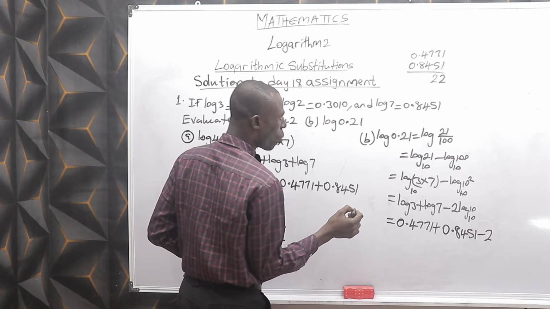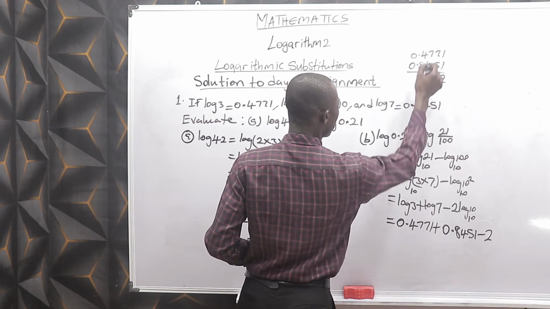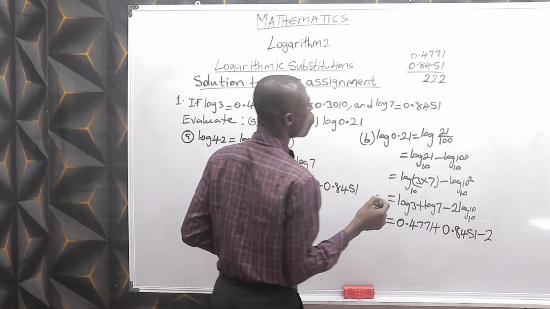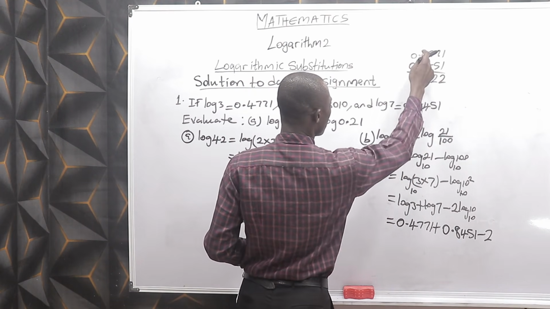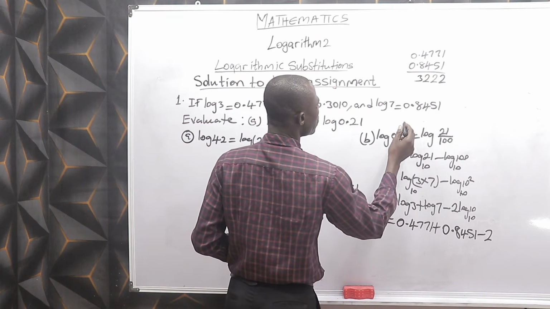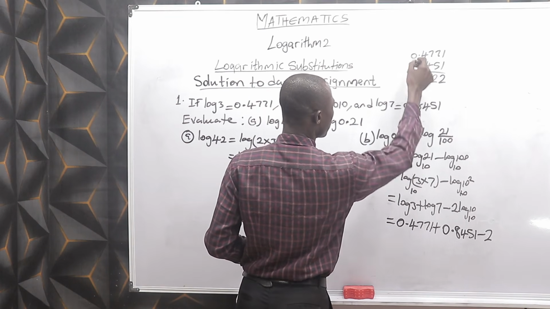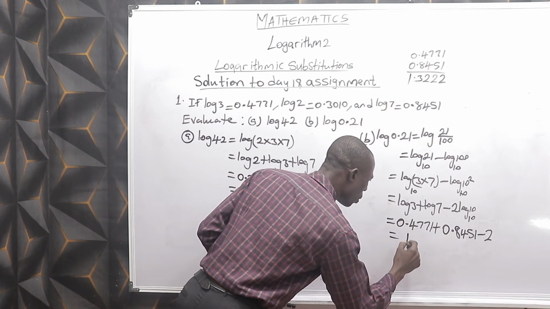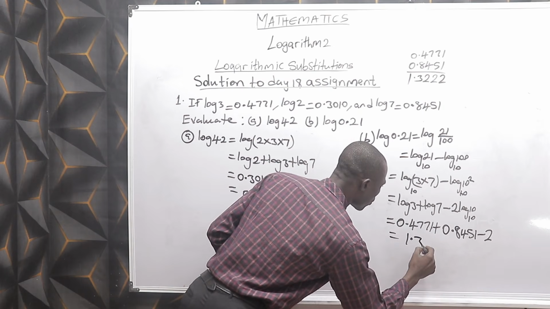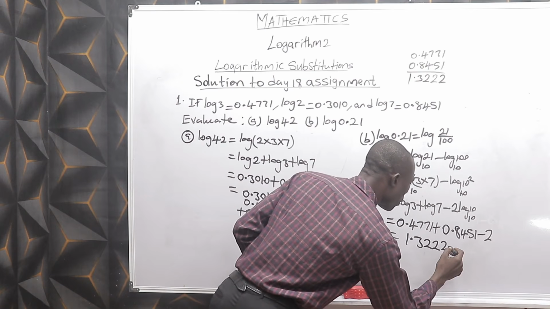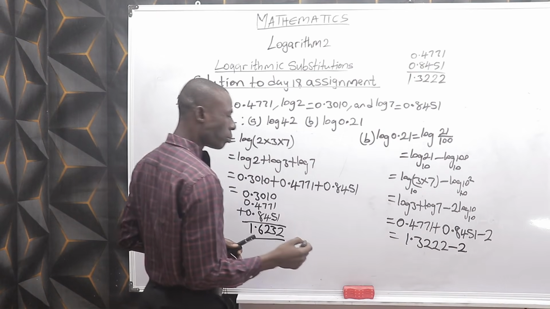We keep 1. The 1 is added here. So we have 12 again. We keep 1. We add the 1 here, making 13. We write 3, keeping 1 as well. Adding the 1 here, we have 1.3222. Yes. Minus 2.